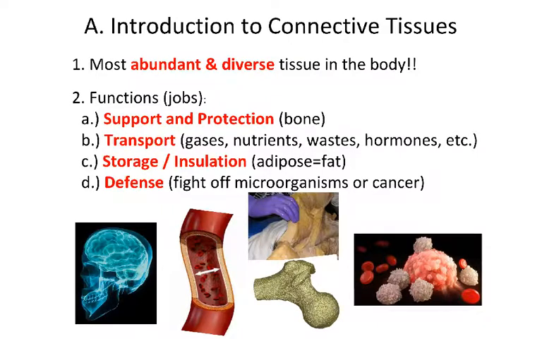They also provide storage and insulation, like fat, and they provide defense, such as fighting off microorganisms like viruses and bacteria or cancer through your white blood cells. So these are all important roles of connective tissues. Not all the connective tissues are listed here, but they ultimately participate in this.